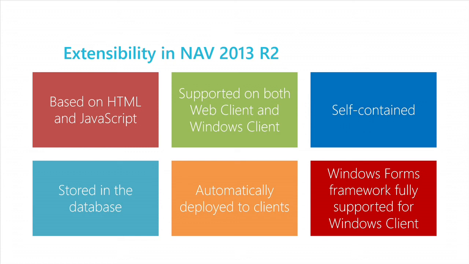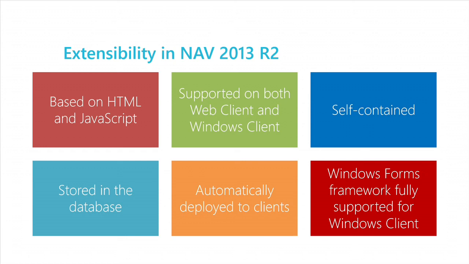Essentially, everything you have is a bunch of JavaScript files, CSS files, maybe HTML files, and one XML file. You put them together in a zip file and just upload them to the database. And then when the control needs to run, what happens is that the service tier checks if the client already has it.